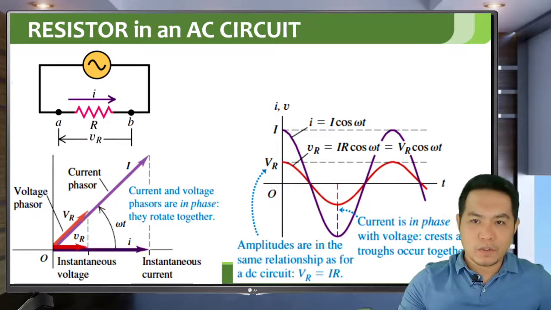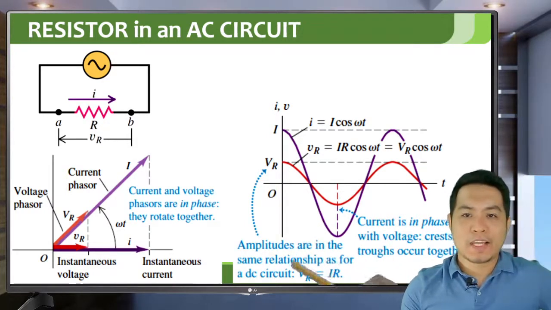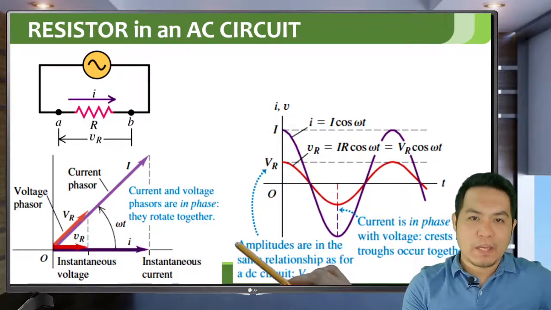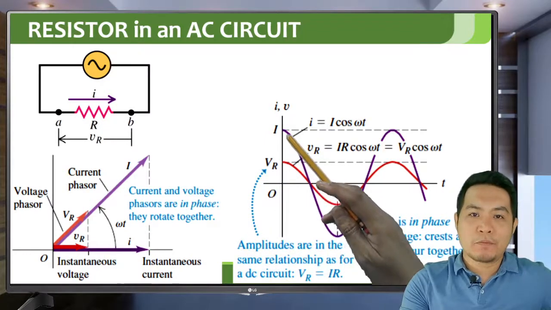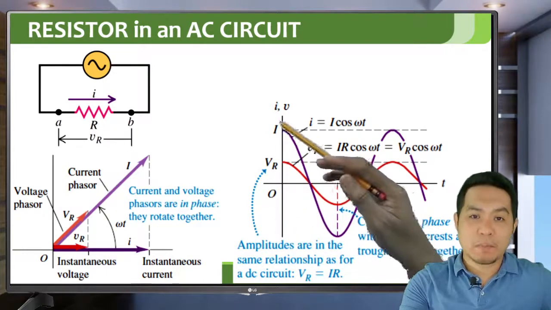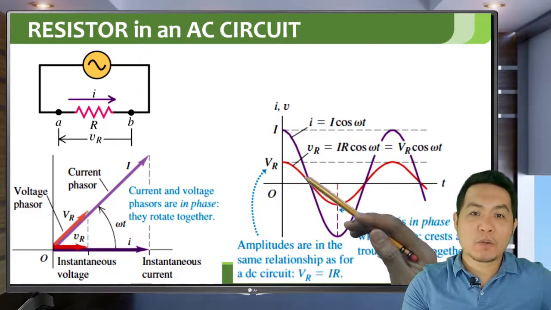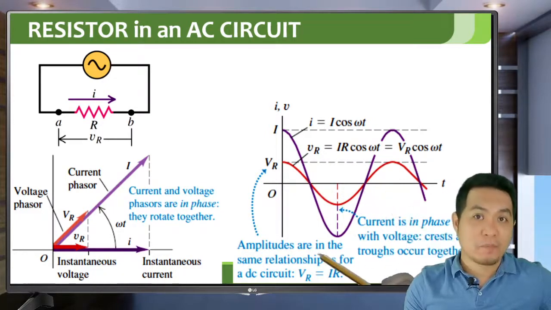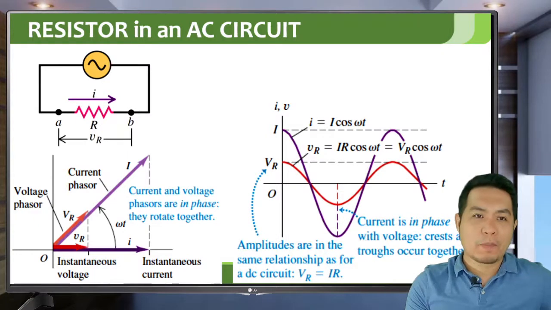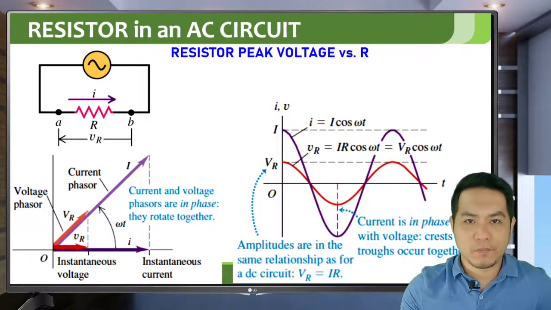If you plot it in terms of a sinusoidal graph, this means that the current and the voltage go to a maximum, go to a minimum, and in fact go to zero at the same time. That's what happens if you connect a pure resistor to an AC circuit.